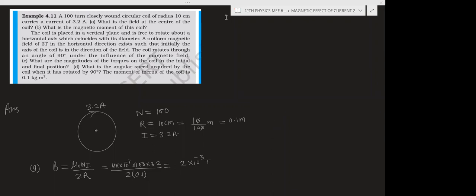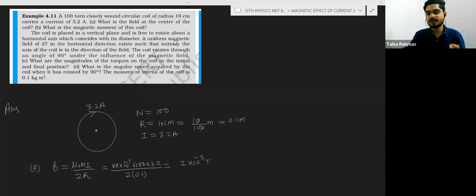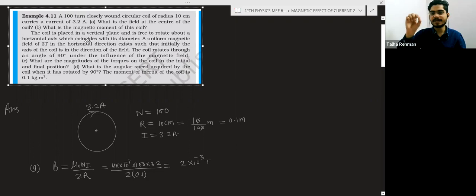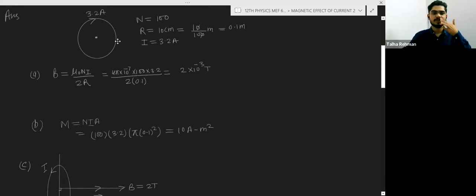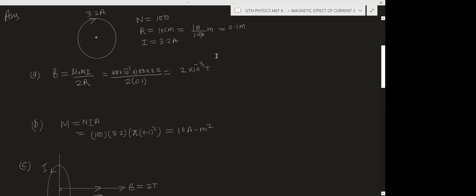Don't write this question, just write example 4.11. I have taken the same example from there. In NCERT, write in bracket NCERT example 4.11 and write down the answer only: A part, B part, C part, and D part. You will get this question in NCERT.